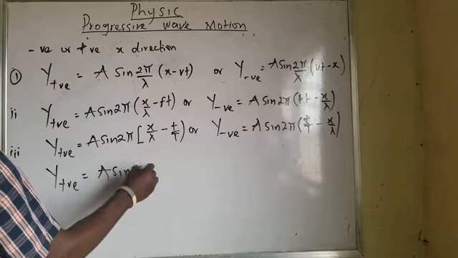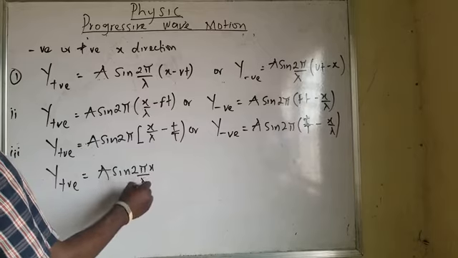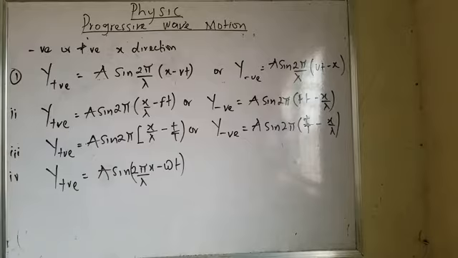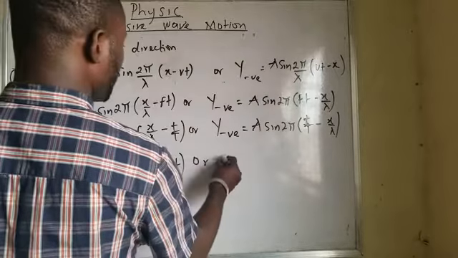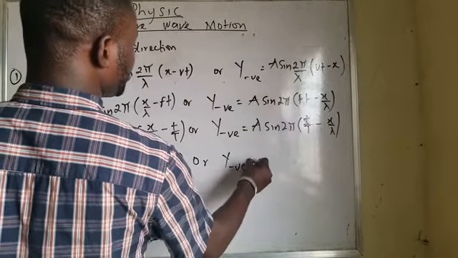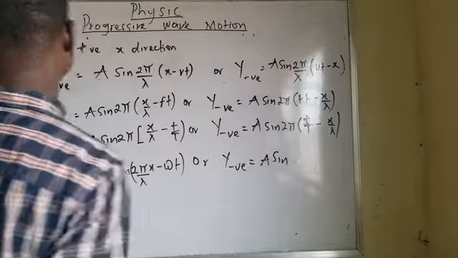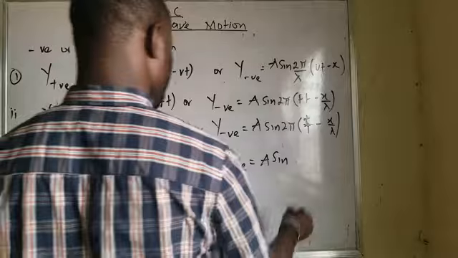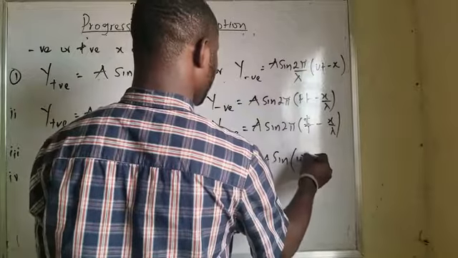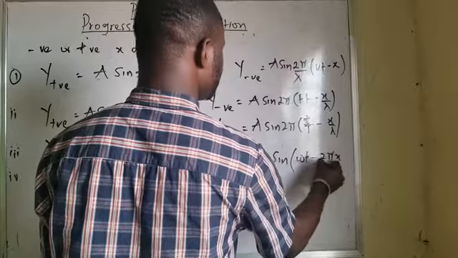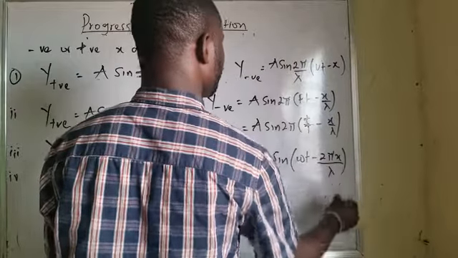2 of x divided by minus angular velocity of this, or of this will be equals to a sine of angular bracket of angular velocity minus 2 of x divided by what? Lambda bracket.